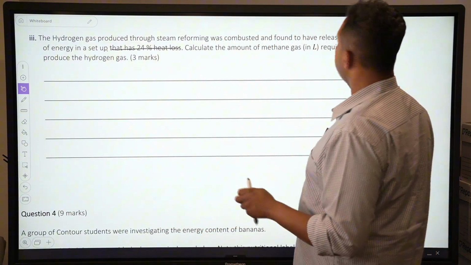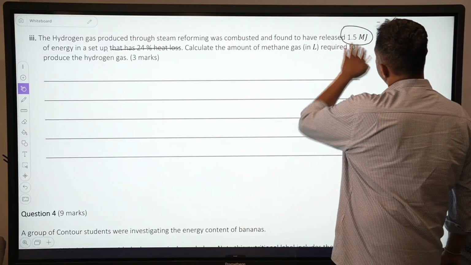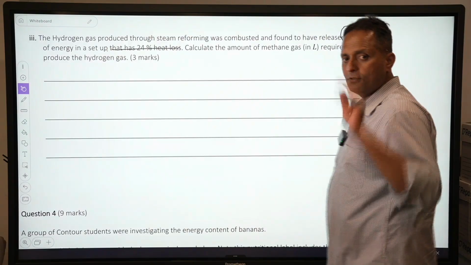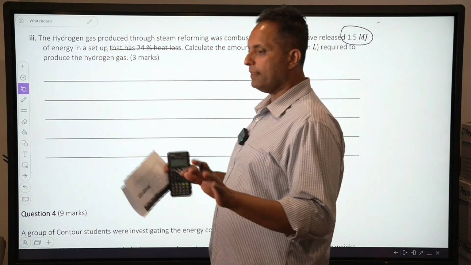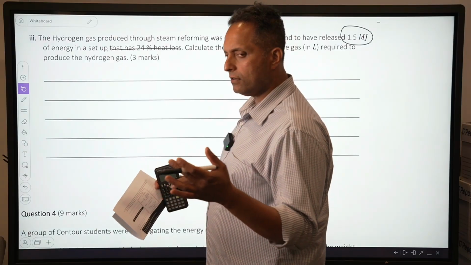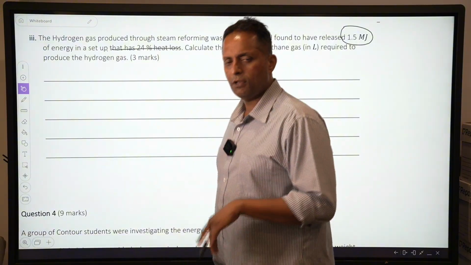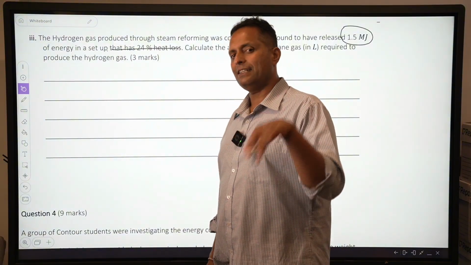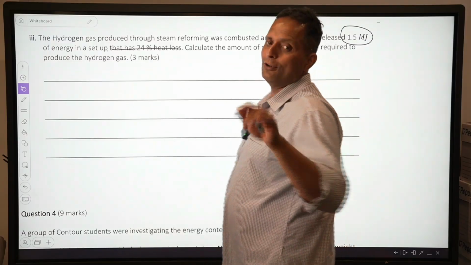So let's try to find out the number of moles of hydrogen that makes 1.5 megajoules of energy. Okay, so number of moles and the energy, do you know the formula or the ratios? You can use the formula from the data booklet or the ratios that I've taught you.